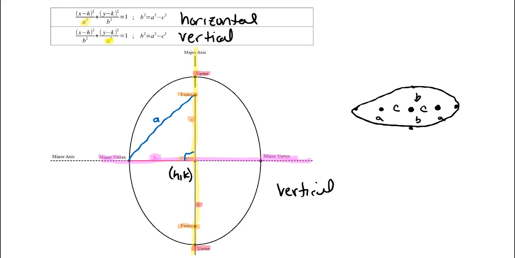We know the Pythagorean theorem allows us to relate those sides. So we can say that B squared plus C squared equals A squared because of the relationship between those sides. And that's why you see these equations next to the equation of the ellipse, because those sides can be related to each other.